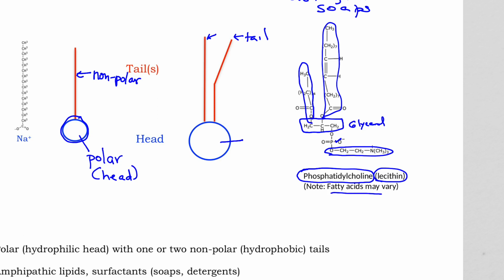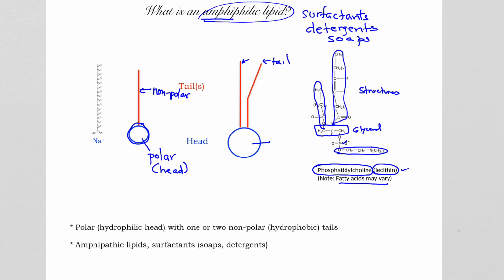And these fatty acids can be anything. They could have 16 carbons, 18 carbons, they could be saturated, monounsaturated, polyunsaturated. So these are a variety of structures. So even with phosphatidylcholine or lecithin, we are not talking about one chemical, we are talking about a class of chemicals that have this basic combination of choline, phosphate, glycerol, and two fatty acids.